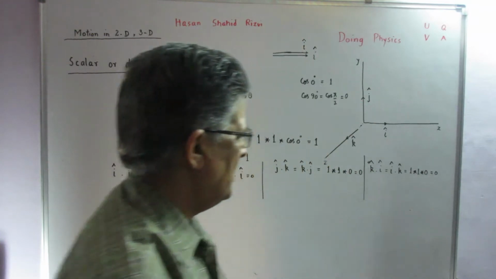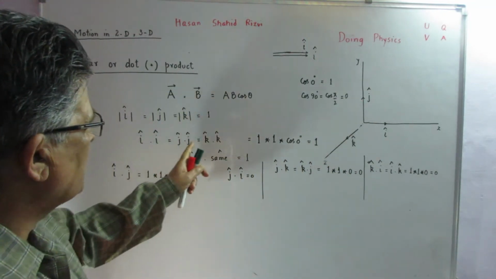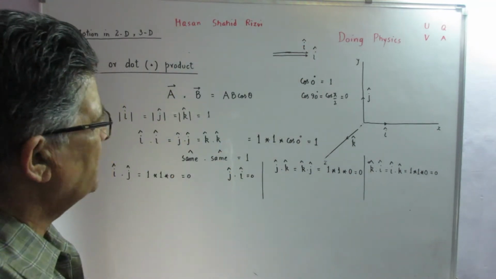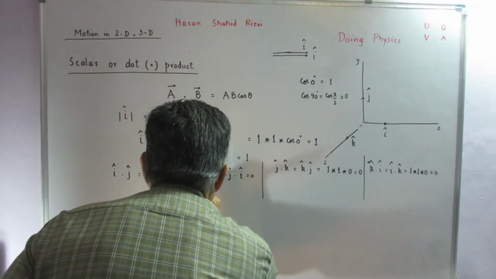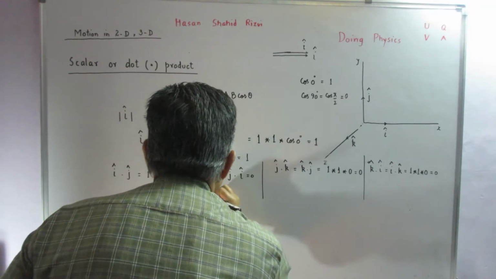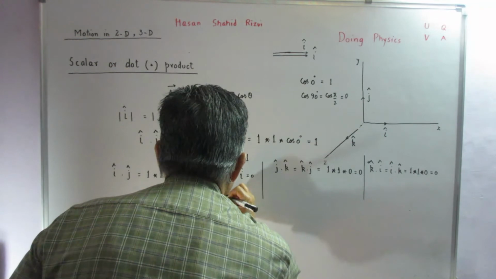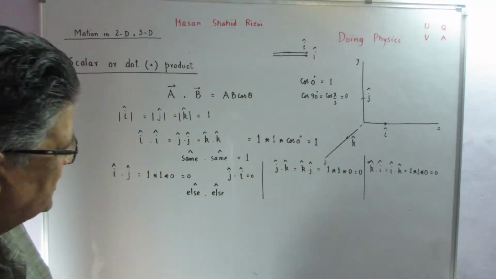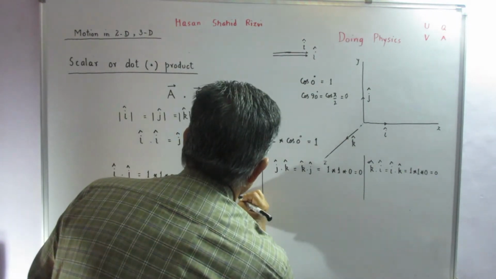So we can remember this like we remembered i dot i, j dot j, k dot k by same dot same. Similarly, we can remember with the simple statement that else dot else, it's not the same, any else and any other else, dot else is equal to 0.